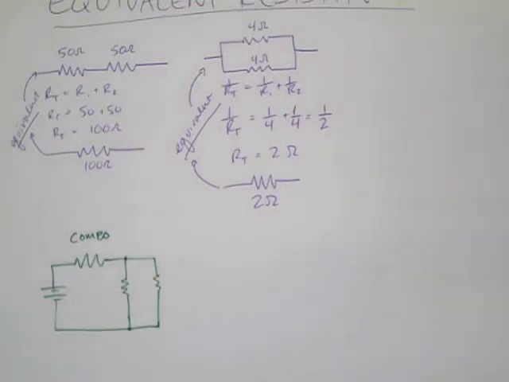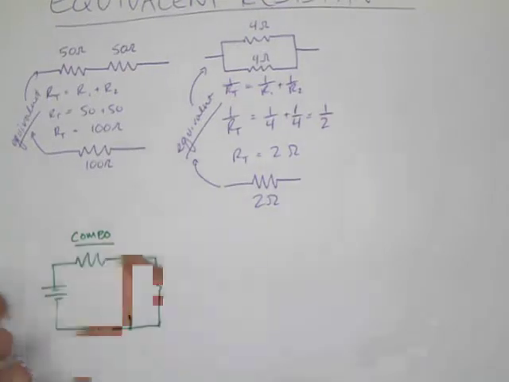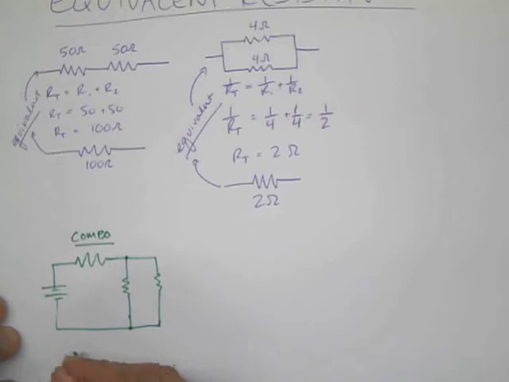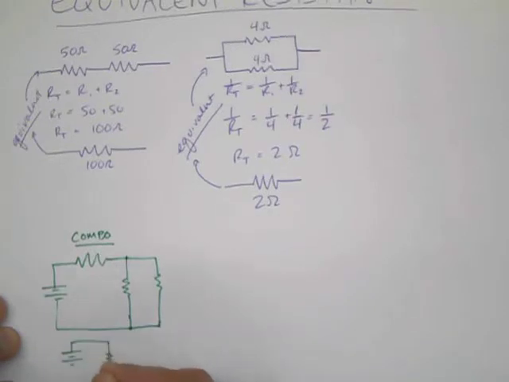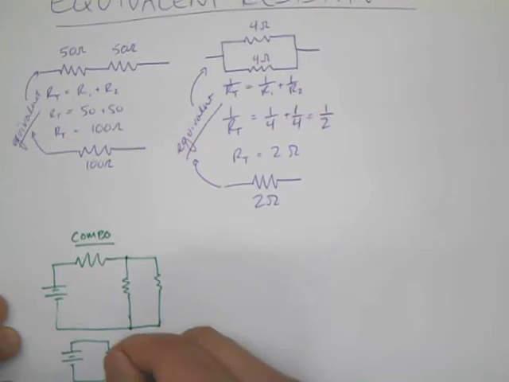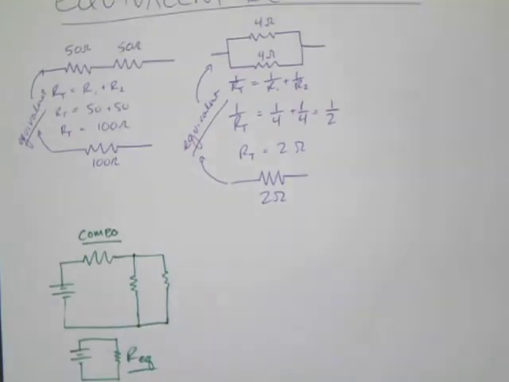So when we have combo circuits, we need to be able to take these and rewrite these as a single circuit with one equivalent resistance, or the equivalent of putting all these together in series and parallel has a single total resistance that we can be able to find.